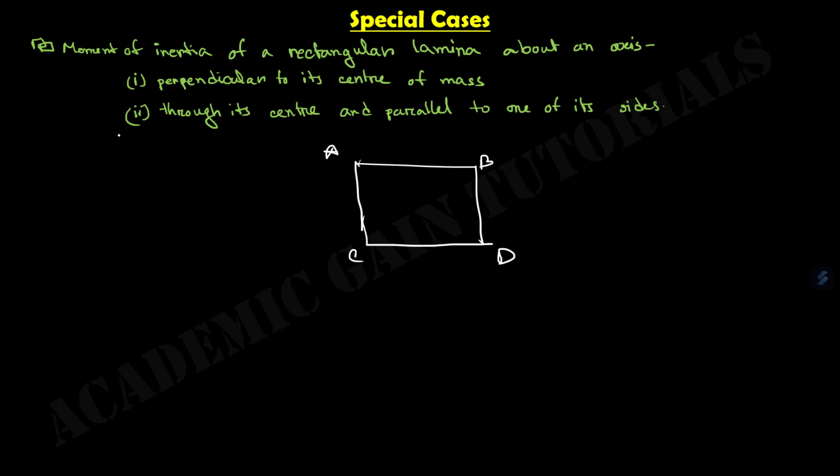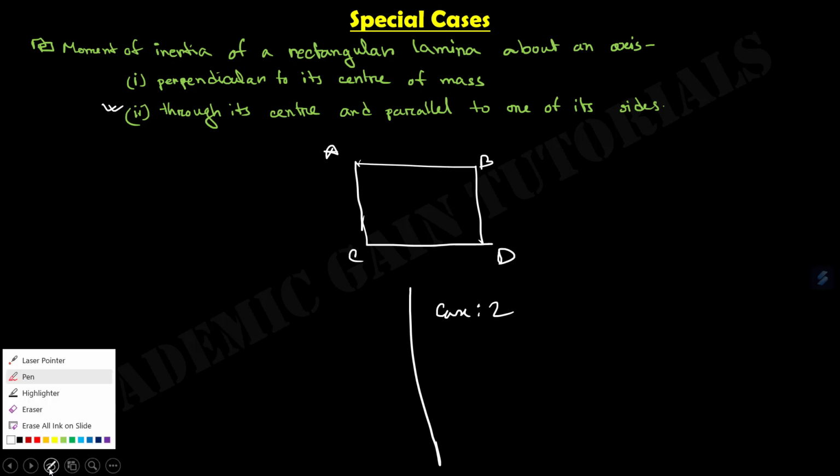First of all, we will consider the second case first, then we will see the first case. The second case says the moment of inertia of a rectangular lamina about an axis through its center and parallel to one of its sides.